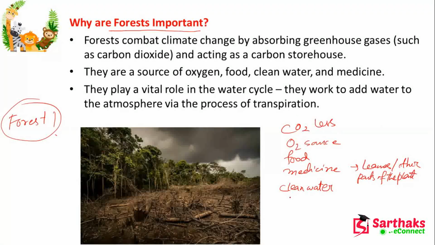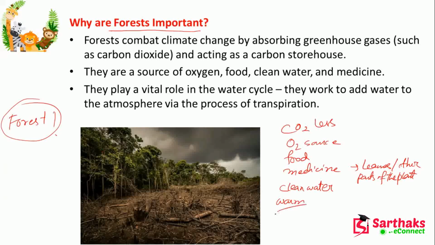So we are getting oxygen, we are getting food, we are getting medicines, we are getting clean water. The water cycle will be maintained, the ecosystem will be good, and everything will be good. The atmosphere will be good. There will be no global warming, no warm temperature.